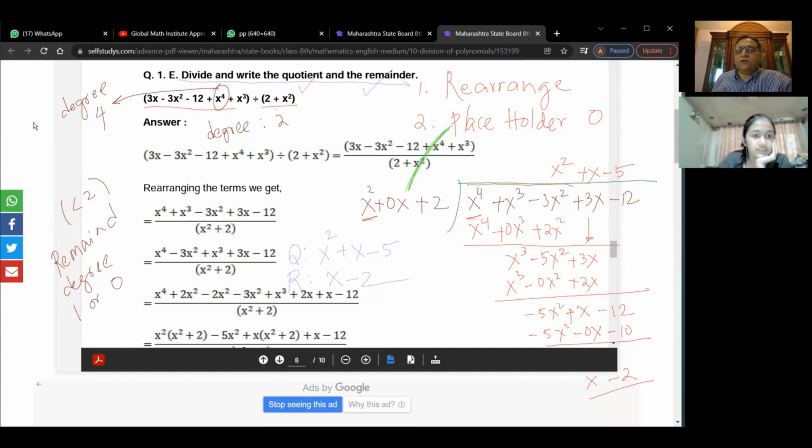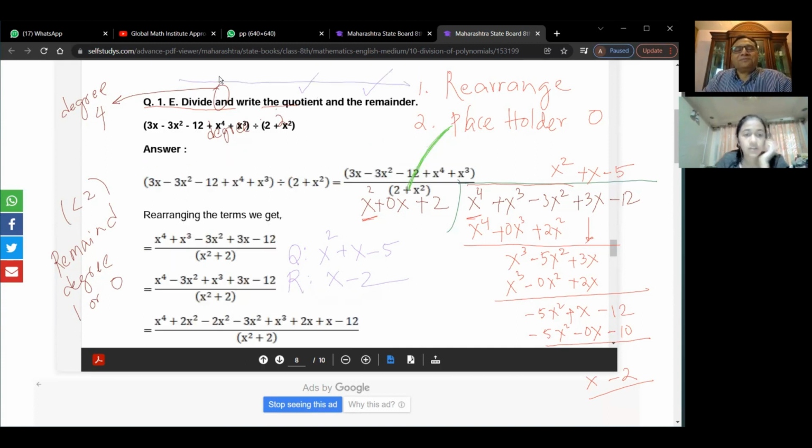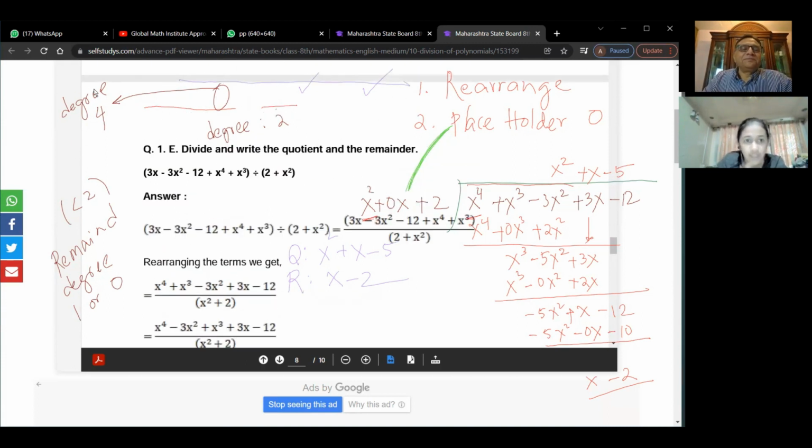Can you tell me what did you learn in the solution of this particular question? We learned that we can find out the degree by just seeing the question. Like we found out that the remainder could be degree 0 or 1, because the remainder has to be lesser than the degree of the divisor.